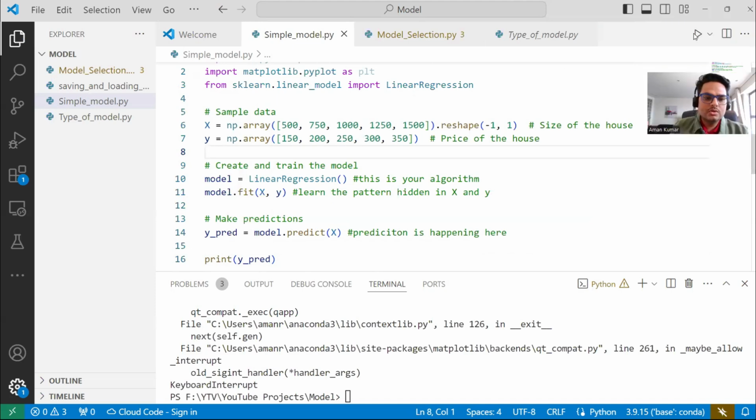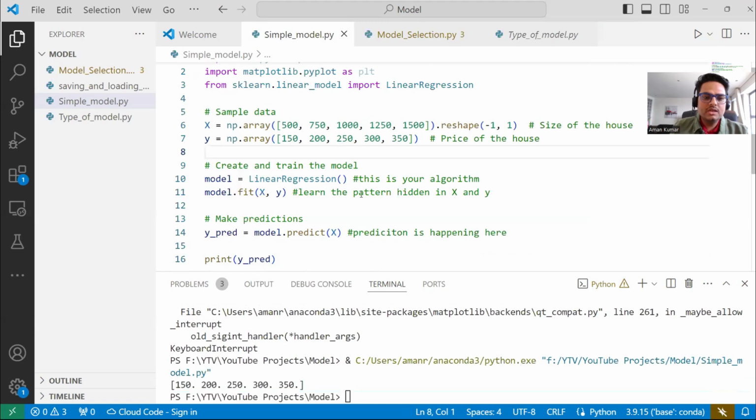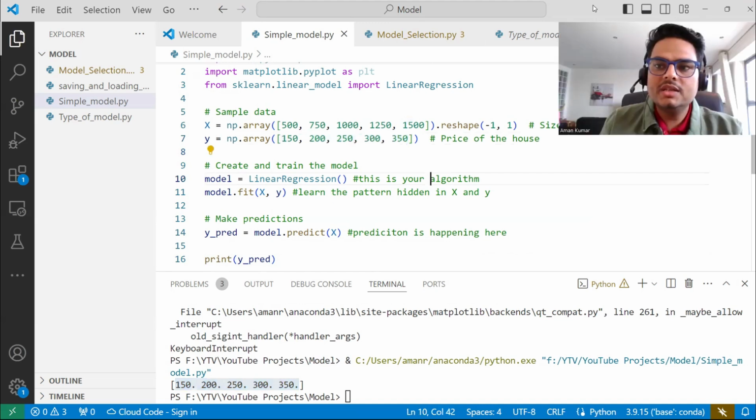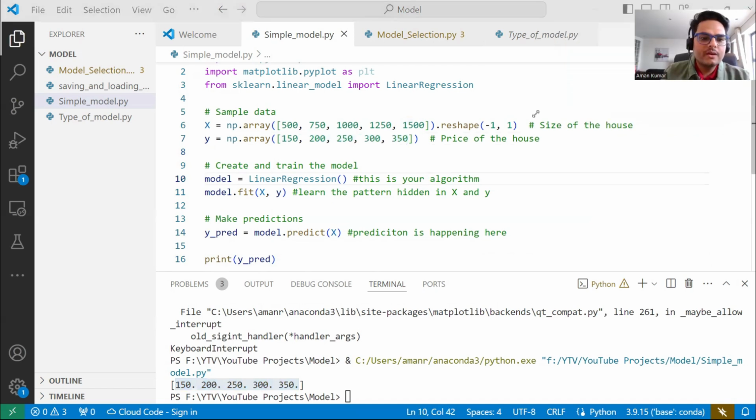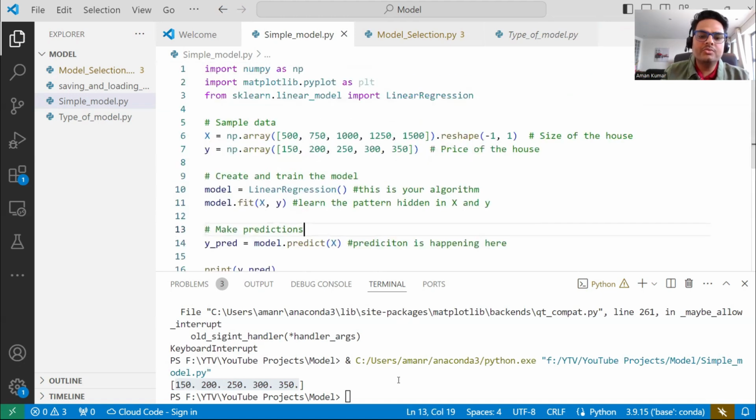So let me show you. It is running now. If you see, 150, 200, 250, 300, 350, this is your y pred, and this is what y also is. That is the reason when we were plotting, we were seeing that both of these things are in the same position.